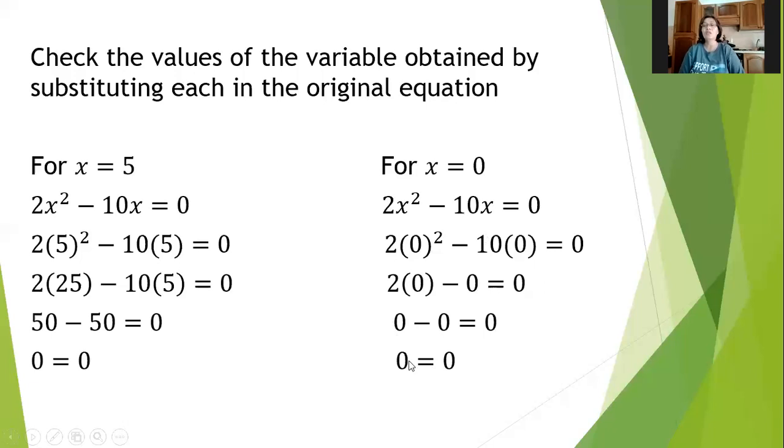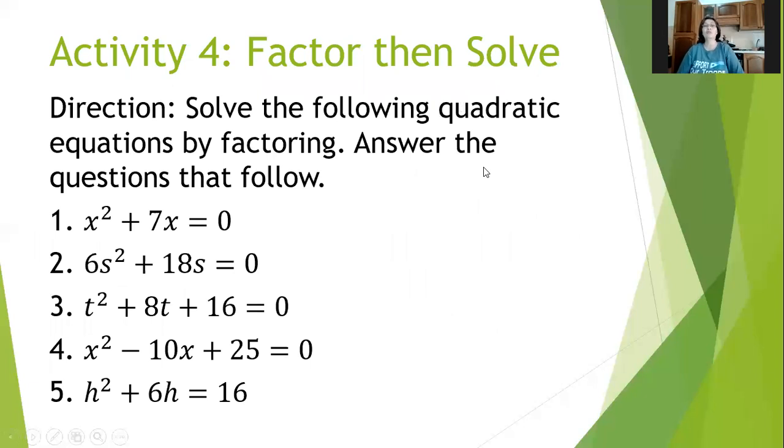Then 0 is equal to 0. Therefore, x sub 2, where x is equal to 0, is also a solution of the quadratic equation. We have two real solutions.